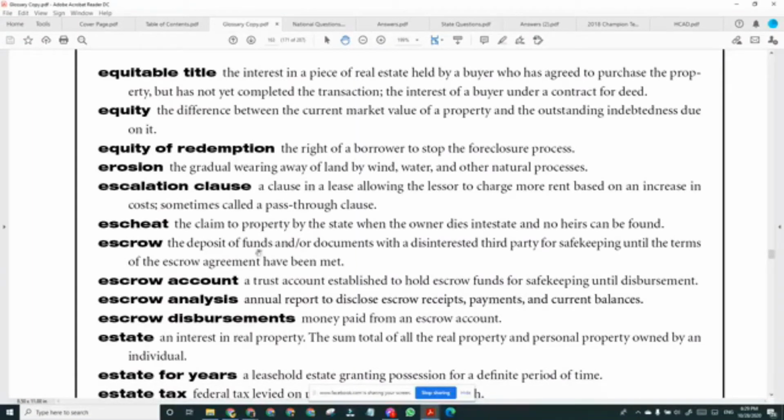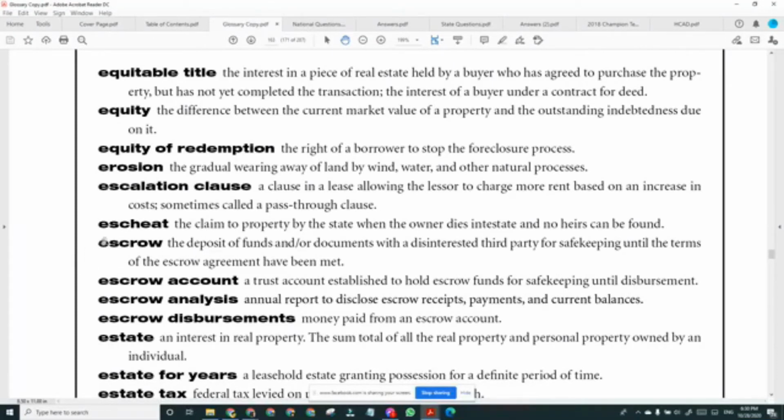Escrow, the deposit of funds and/or documents with a disinterested third party for safekeeping until the terms of the escrow agreement have been met. So the escrow agreement is the contract that we delivered for the buyer after the seller and the buyer have come to mutual understanding and agreement and have signed and everything is executed. Then it goes to the escrow department, right?